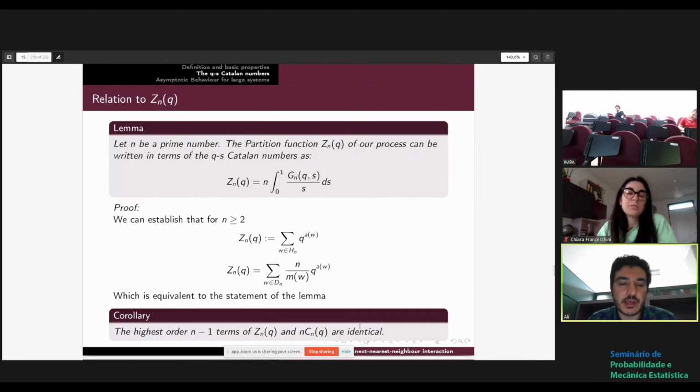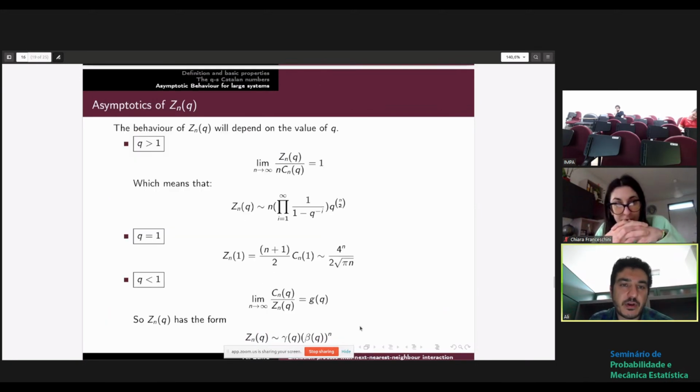Now we can study the asymptotic behavior of Z_n(q). First, Z_n(q) and C_n(q), for q bigger than 1, behave very, very close to each other. More precisely, the limit of the ratio as n goes to infinity is simply 1.